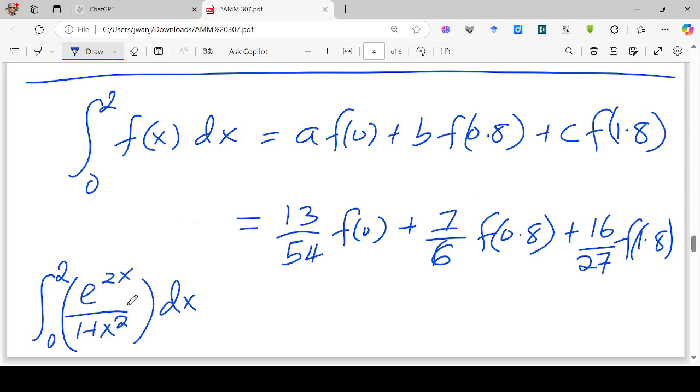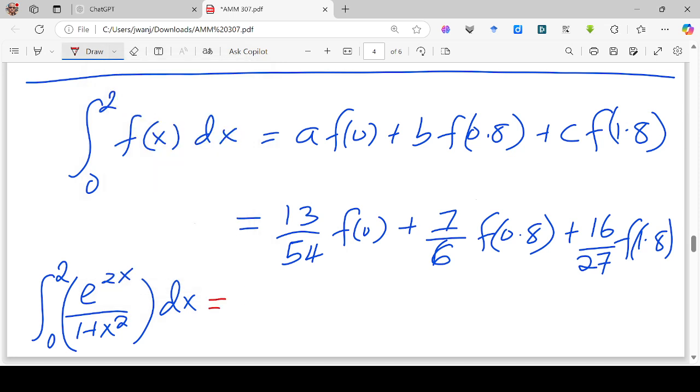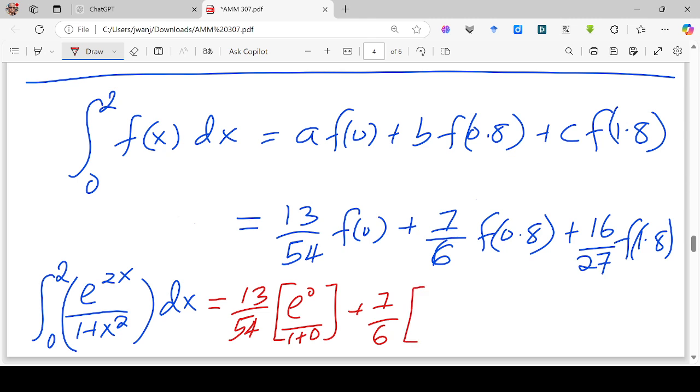So we simply write this as 13 over 54, and then f of 0 will be e raised to power 0 divided by 1 plus 0, then plus 7 over 6. f of 0.8 will be e raised to power 0.8 times 2, which is 1.6, divided by 1 plus 0.8 squared, which is 0.64.